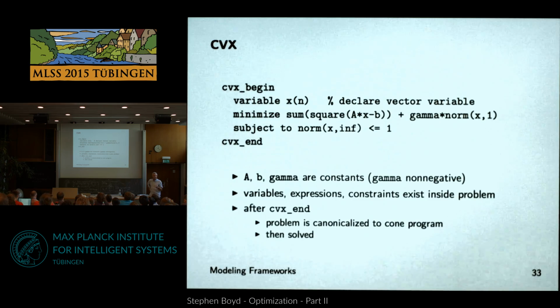It's a variable object. If you ask what's x in there, it would say x is an affine expression. Okay? When it finishes, it verifies that all of these match the rules, right? That's actually very mechanical to do. And if it reaches here, and in fact you have a valid problem, then that's transformed to a cone program, and then that's solved, right?